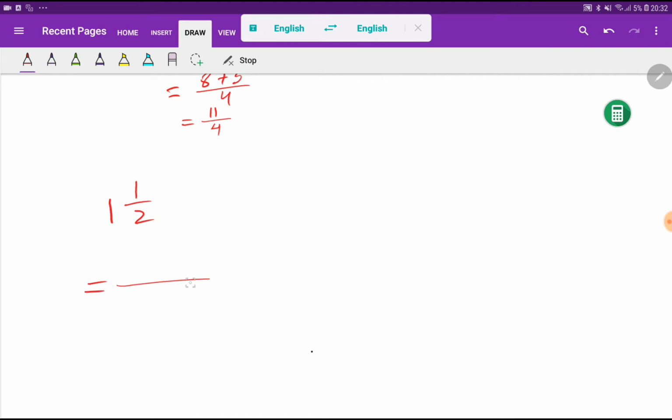I will take the same denominator, then I have to multiply integer times denominator, then I have to add the numerator. So we are getting here 2 plus 1 divided by 2. So we are getting here 3 over 2. Look at here, the numerator is greater than the denominator. So you can say that this is an improper fraction.